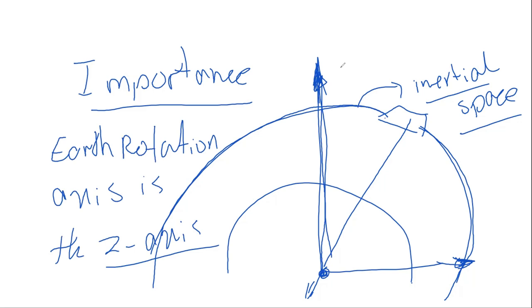That's pretty clear. So therefore we have to compute the effect of these movements and remove them from the Z axis to make it fixed in space.